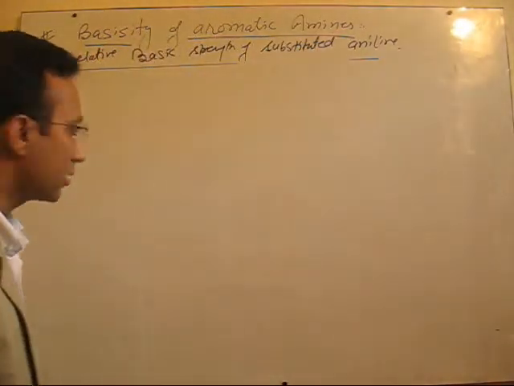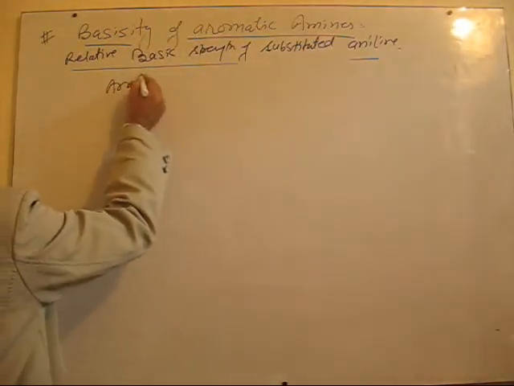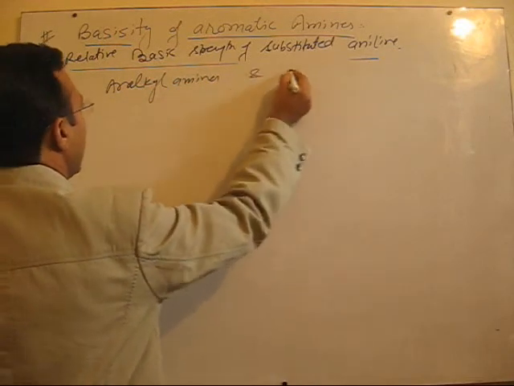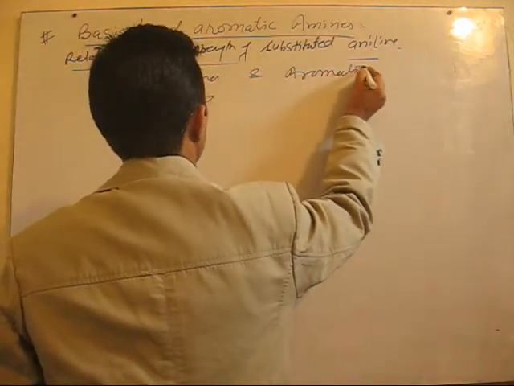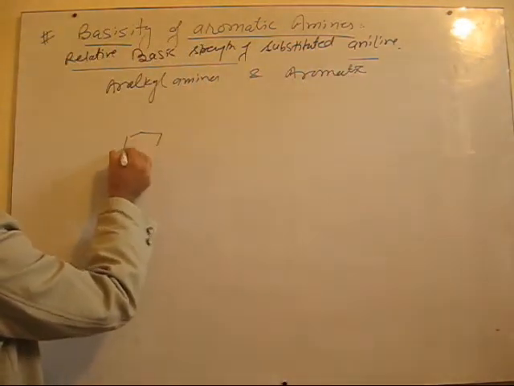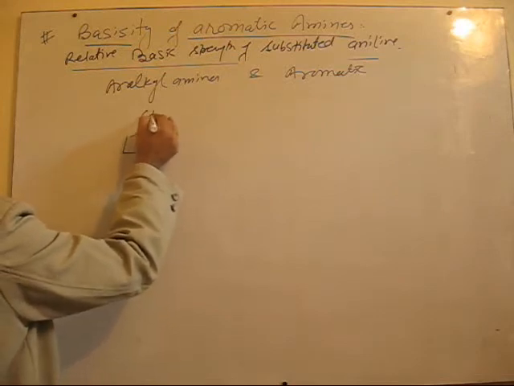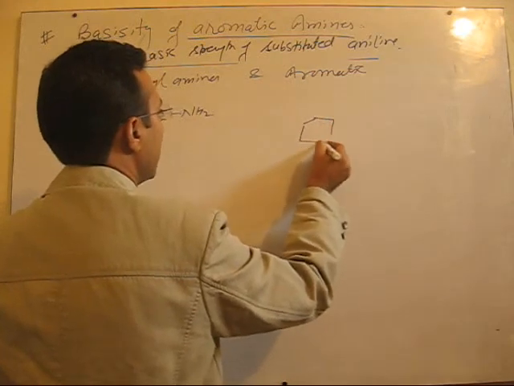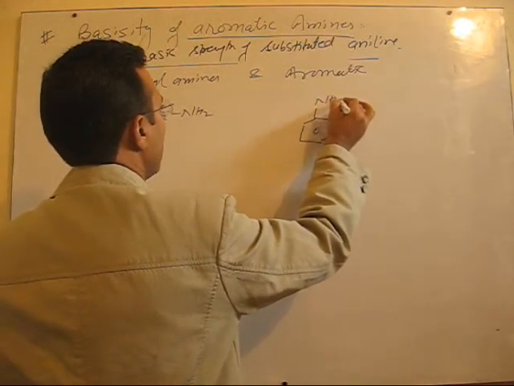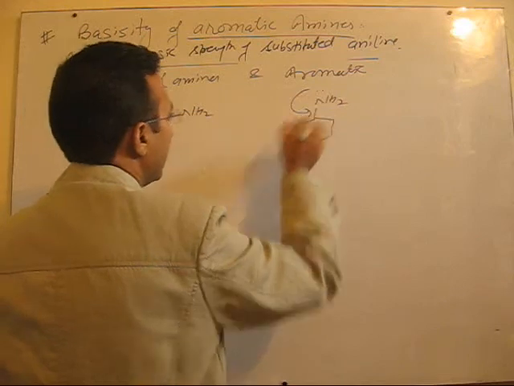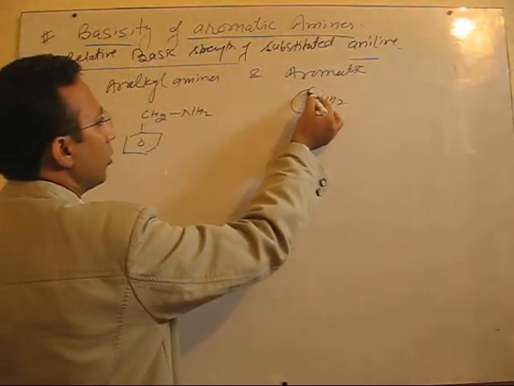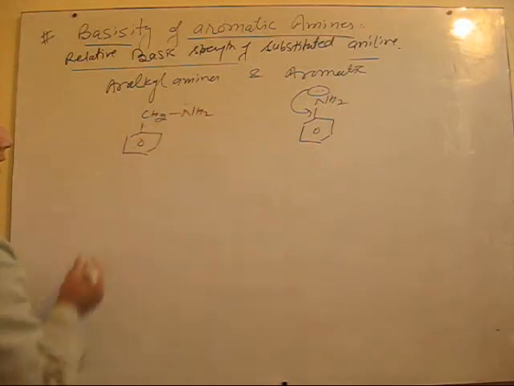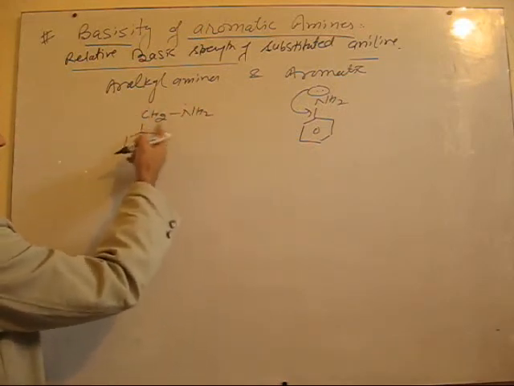Okay, so one more comparison. The comparison is between aralkyl amines and aromatic amines. Very simple, you can be asked a comparison between aralkyl, that is benzyl amine, and aromatic, that is aniline. So it is very simple. You can easily say here nitrogen is directly linked to the ring, so availability of the lone pair is very less due to plus R effect. Fine. But here nitrogen is not directly linked to the ring, it is carbon which is linked to the ring.